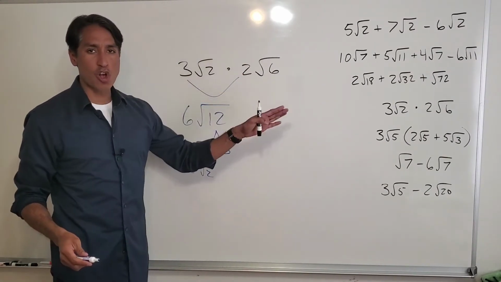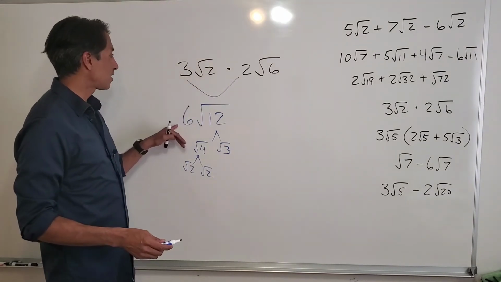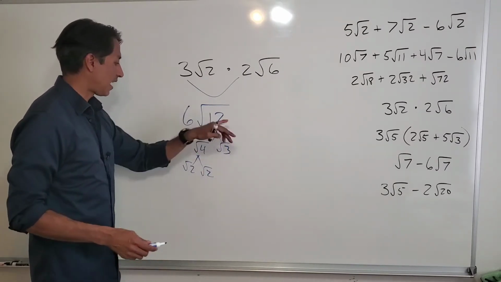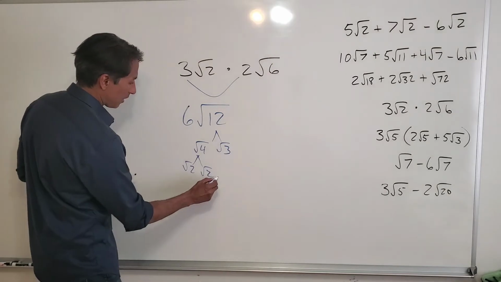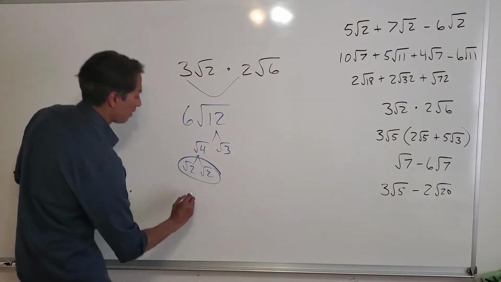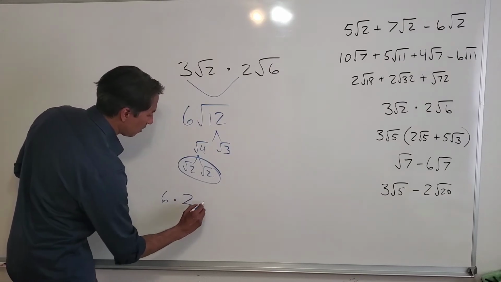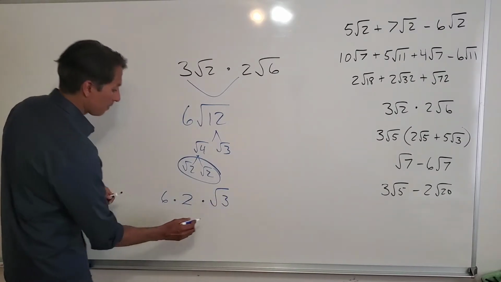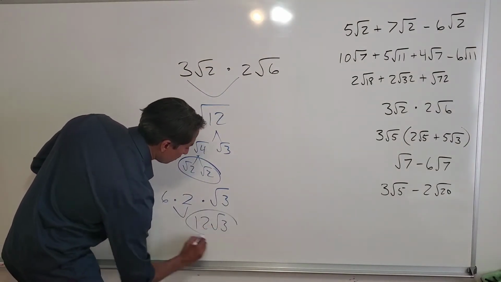This was all multiply, so I can just do 3 times 2 is 6. I can multiply the square roots together to get that, and then I end up with this guy here. From there, I can pull out a double. So I have a 6 on the outside times 2 times square root 3. Okay? So I combine like terms and I get 12 root 3.